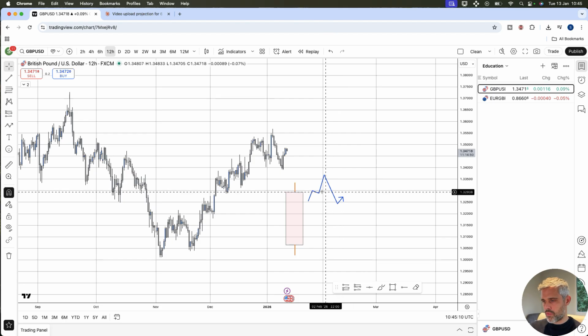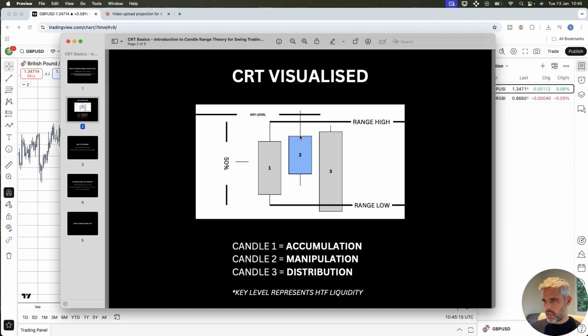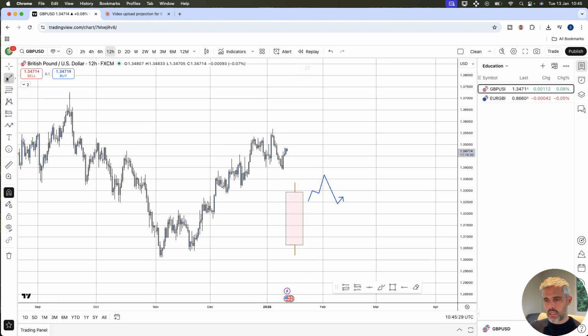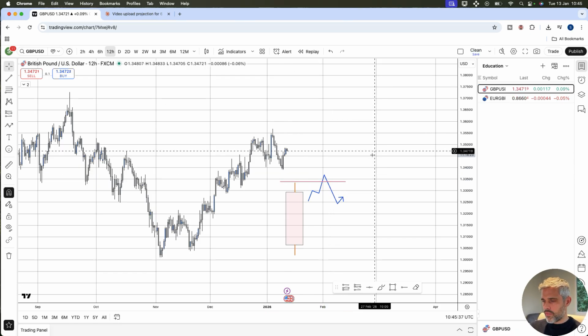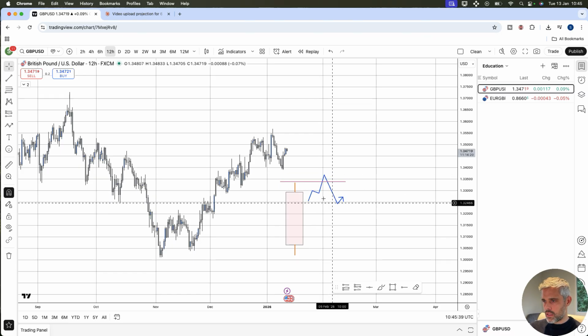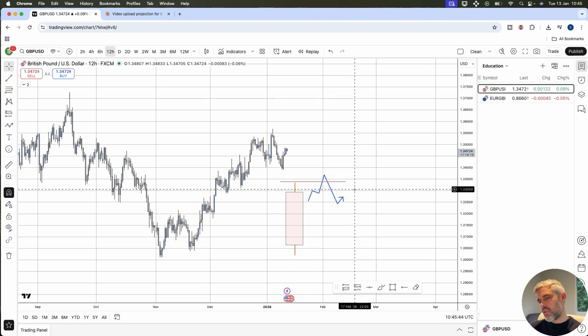Once we get that type of price action and we get a close whereby the second candle liquidated the first candle's high and then closed, here you can see it doesn't matter if it's a bullish or bearish candle, it closed inside this candle's range, we can basically say that candle 2, I'll make this a different color, liquidated the high of candle 1. It manipulated above candle 1.